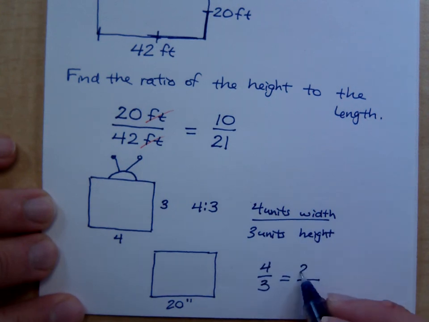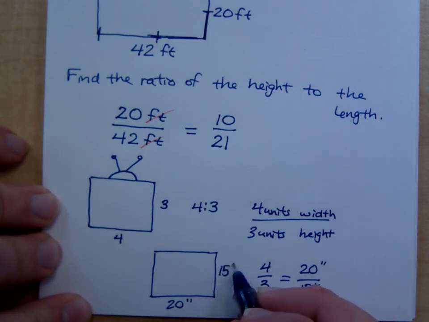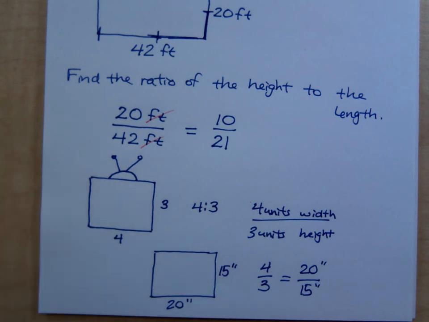So if the width is 20 inches, what would be an equivalent fraction? 15. So the height would be 15 inches. And you notice that the larger the TV screens get, the ratio is still going to be the same. It still reduces back down to 4 to 3. That's what a full screen would look like. However, when it gets to widescreen, that's a completely different story.